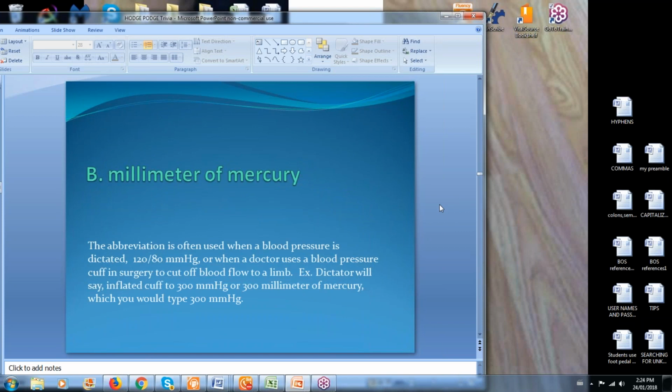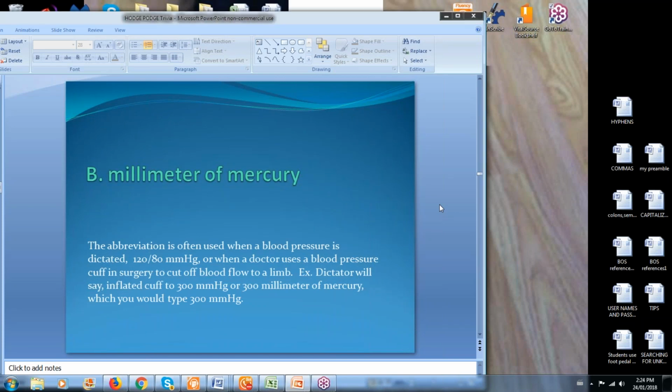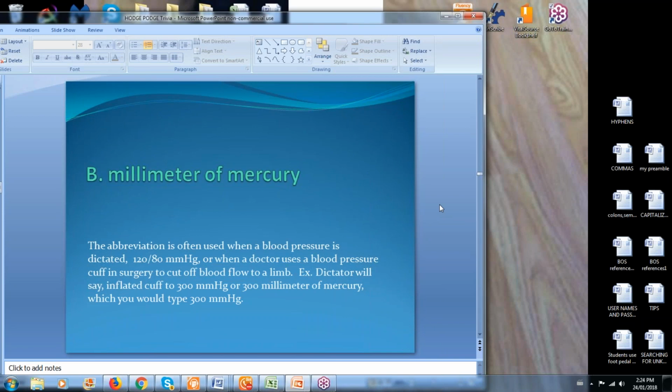Okay, it's the abbreviation that is often used when a blood pressure is dictated, like 120/80 millimeters of mercury, or sometimes they'll say 120/80 mmHg, or sometimes they won't even say the mmHg, and if they don't, then you don't put it in.